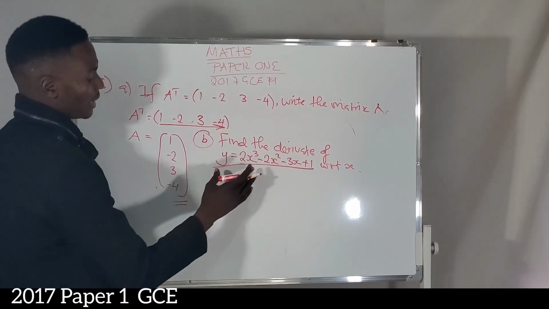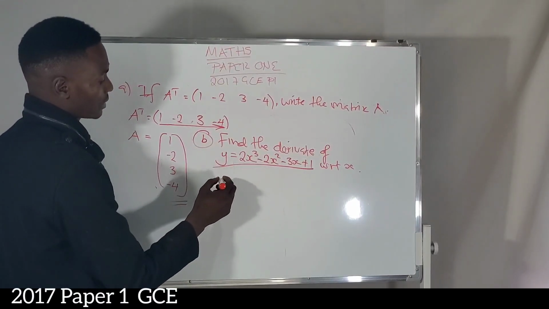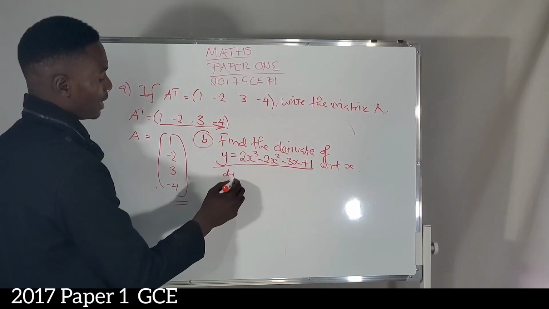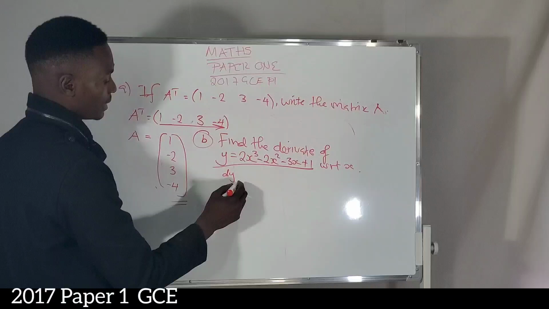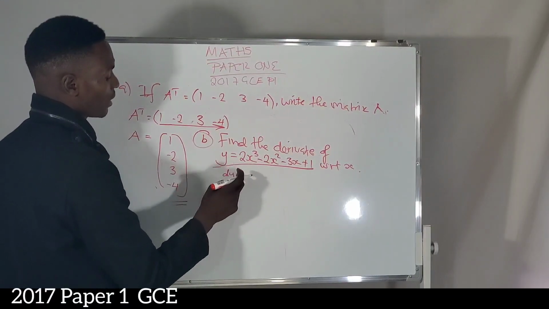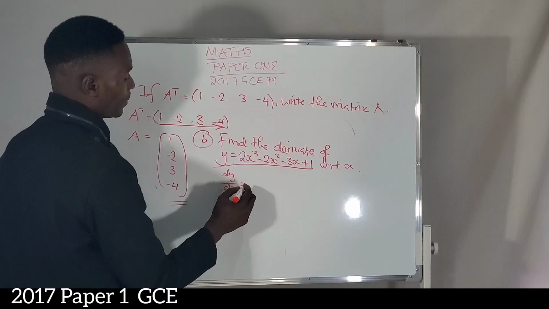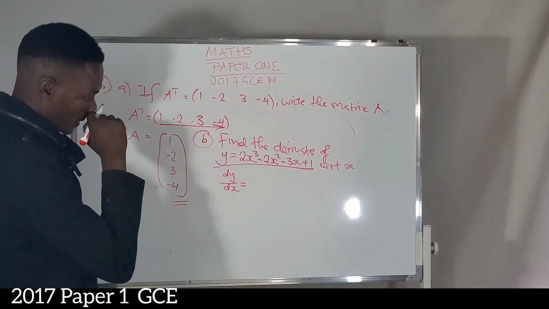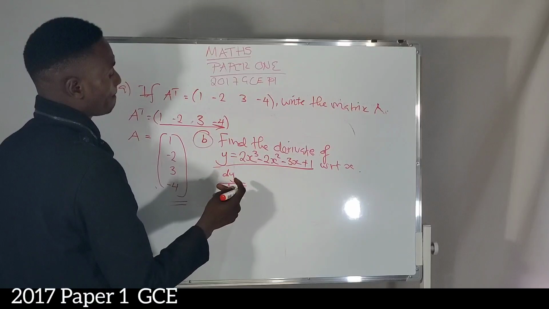Since it's already in the correct order, you introduce dy dx here. Just know that this one is not a fraction, it's not dy over dx. I'll explain more when we look at calculus in paper 2.